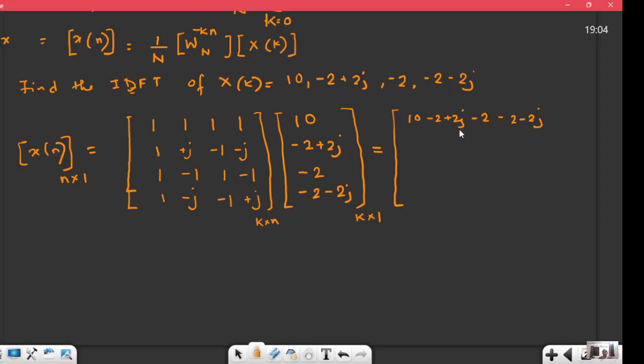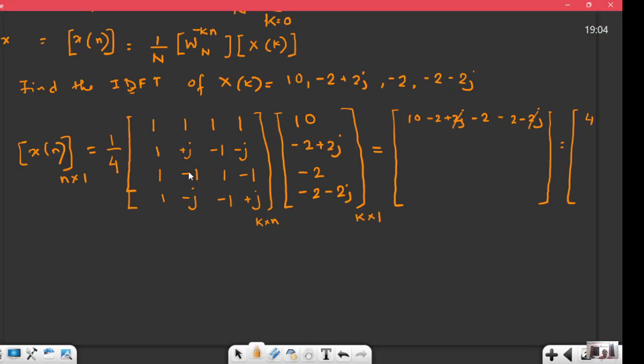So the plus 2j and minus 2j cancel, and 10 minus 4 minus 2 plus 2 plus 2 is equal to 4. So in the IDFT equation, this has to be divided by 4. The first answer is 4.